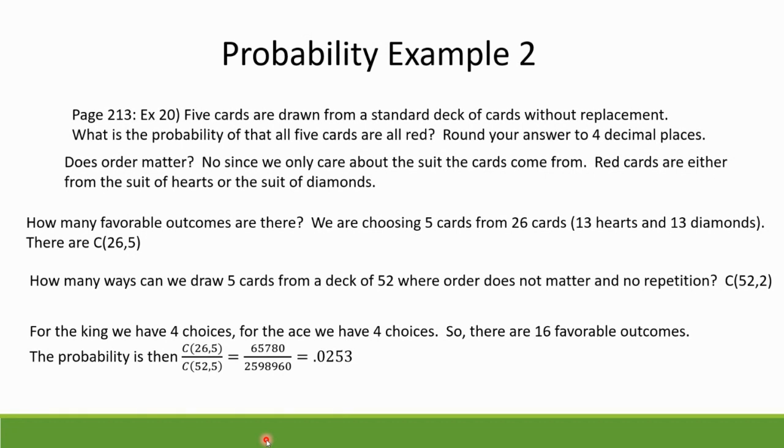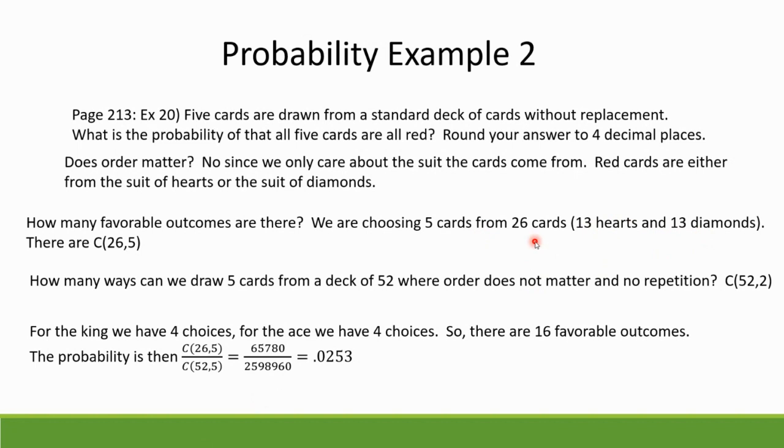Okay, well, how many outcomes are there, favorable ones? Well, remember, there's 13 hearts and 13 diamonds, right? We want the cards that are either diamonds or hearts, right? So there are 26 possible cards that we want, 26 possible red cards.